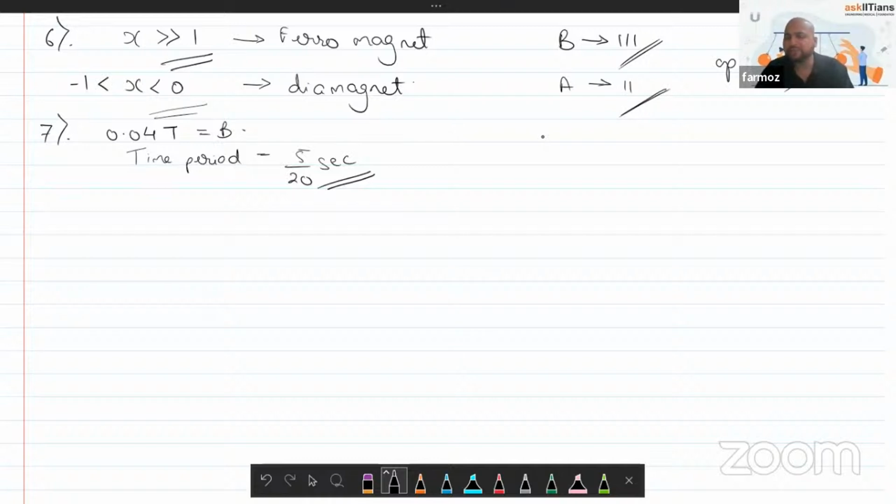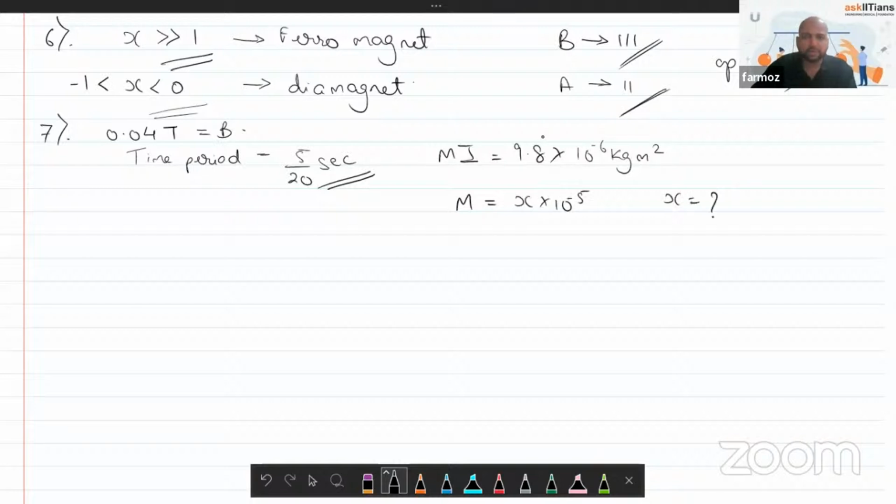The moment of inertia of the needle is 9.8 into 10 raised to minus 6 kg meter square. So they have given you the moment of inertia I. If the magnitude of the magnetic moment of the needle is, that is, they have given you the value of magnetic moment m, that is x into 10 raised to minus 5, and they have asked what is the value of x.